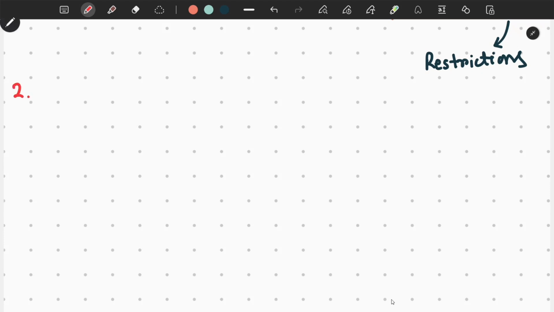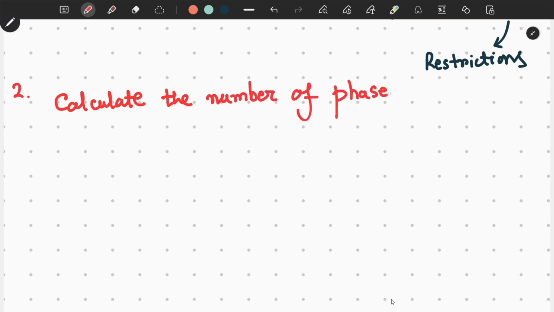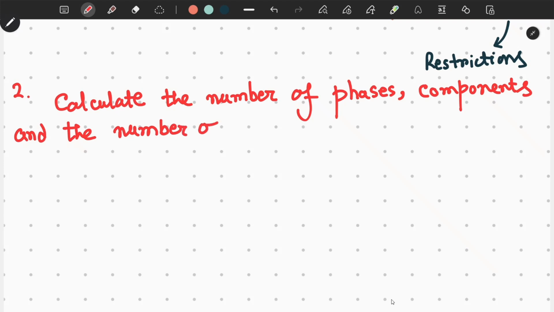So question number 2: calculate the number of phases, components, and the number of degrees of freedom in the following systems.